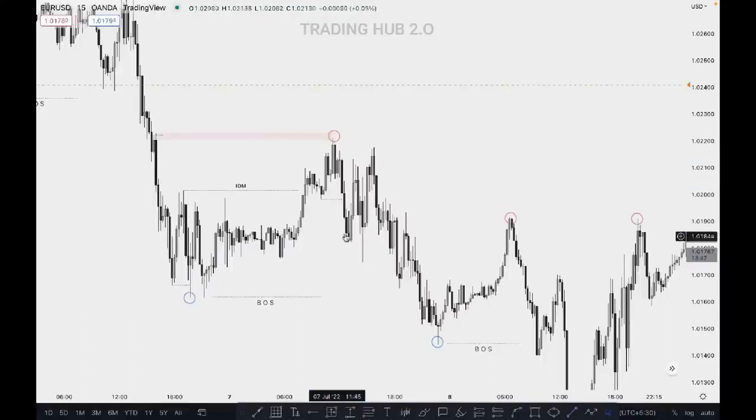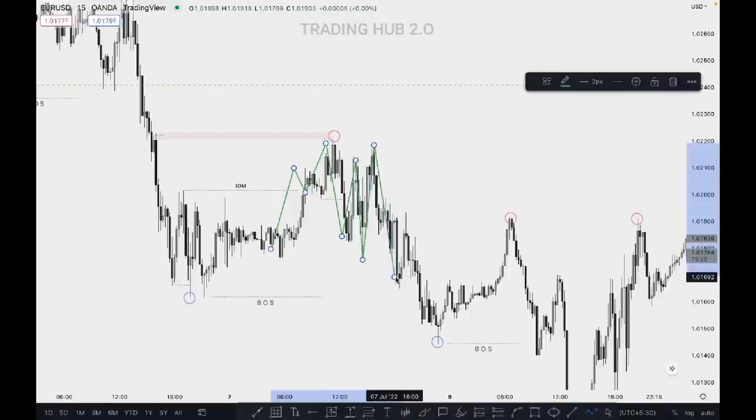This is our first indication for the reversal. Then you can see the market move something like this. The market pushes upside, creates a new low, takes out this low, pushes higher again, takes out this high, and then we sell.